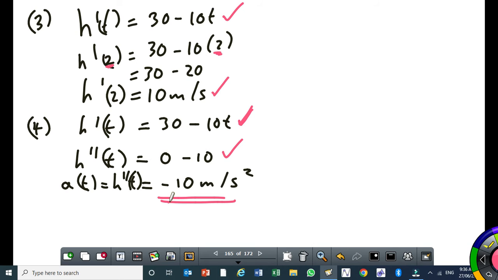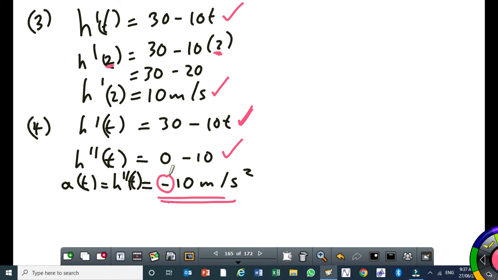And this, we call a deceleration in physics. The object is going up, but because of the force of gravity, it's being pulled down. So it will be decelerating, meaning it's becoming slower and slower until it gets to a maximum where the velocity becomes 0 and then it starts falling down.